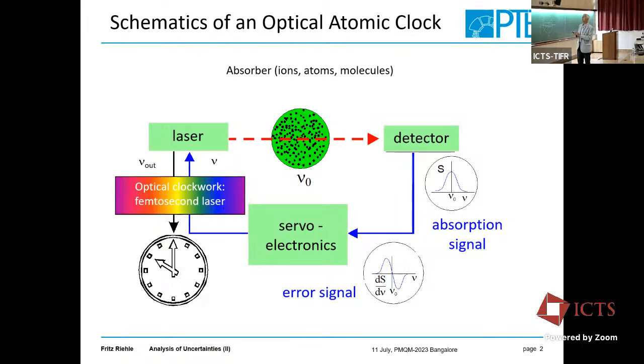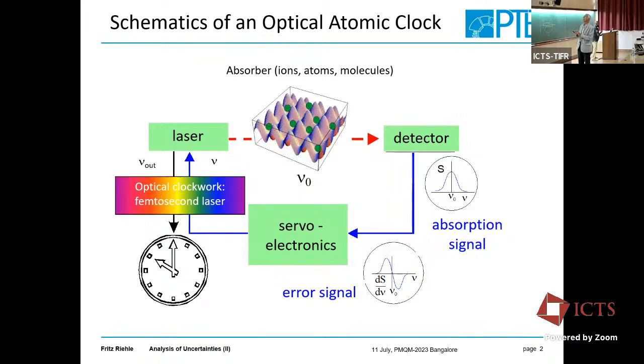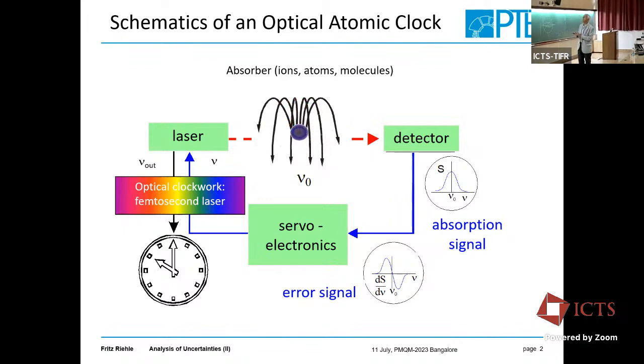The laser is interacting with absorbers that can be atoms in a lattice. It can be free-falling atoms. It can be molecules. It can be single or multiple ions in an ion trap.